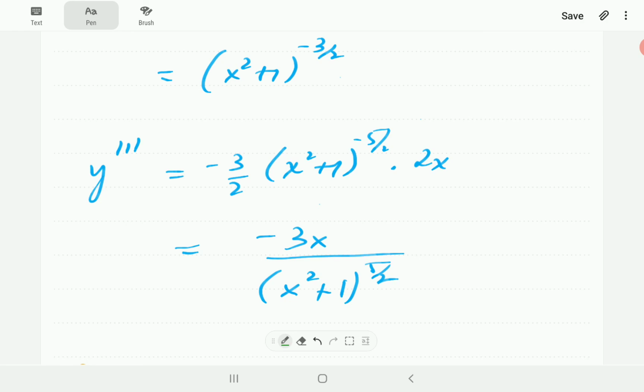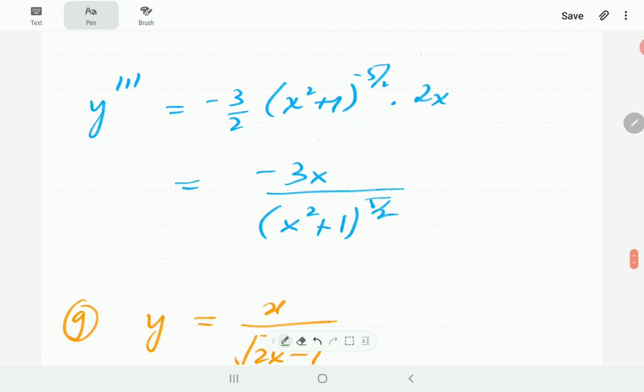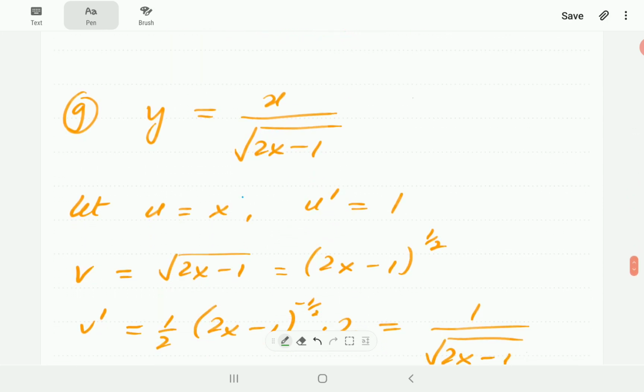So simply multiply by the power here. So multiply by minus 3/2, subtract 1, keep this fixed, then multiply by the derivative of that. Then 2x times minus 3 halves is minus 3x, and then we bring that in the denominator, and that is going to be our final expression.